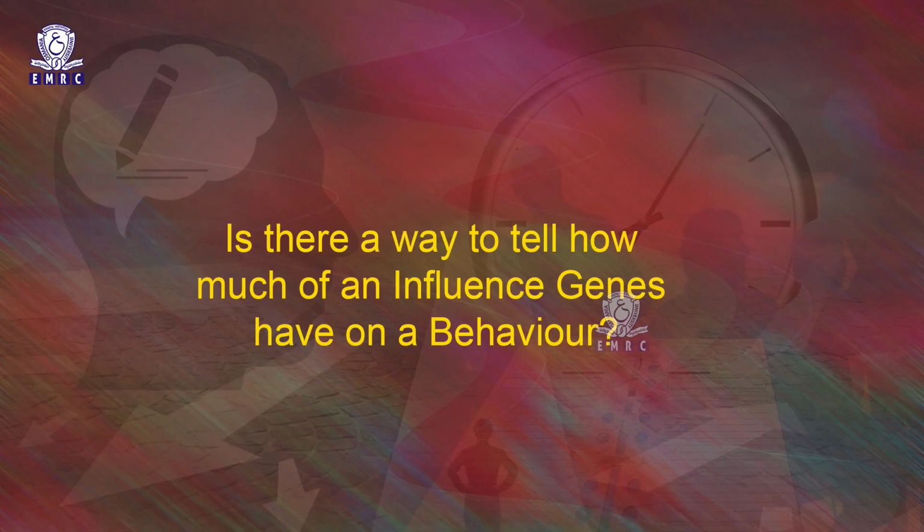If you had a whole different set of experiences over your lifetime, your genes may be expressed in different ways and you may have behaved differently than you do now. If Suman and Kiran had grown up in the same environment, their health behaviors would probably be more similar to one another. Is there a way to tell how much of an influence genes have on a behavior?